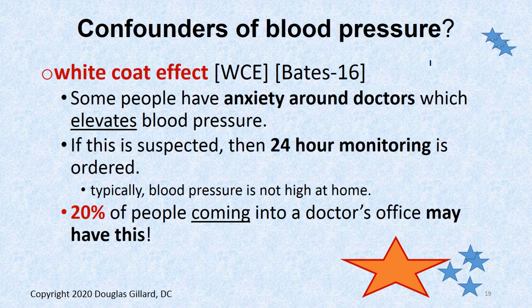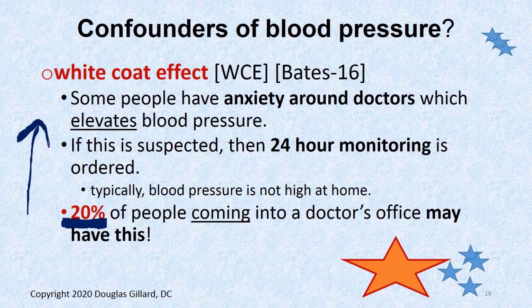Confounders, this is really interesting. This is in Bates. So there's a white coat effect, which is kind of counterintuitive. This part you can understand, but the number is big. About 20% of people who come into your office, maybe a little more so with a medical doctor, but I mean, you might have the same effect on them because you're a primary healthcare provider. 20% of them get nervous and their sympathetics fire and their blood pressure goes up.